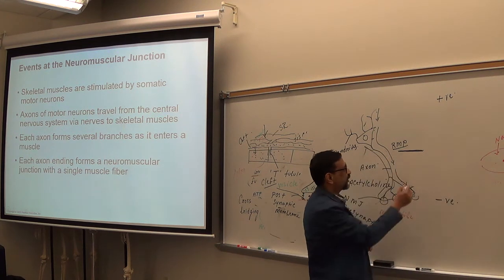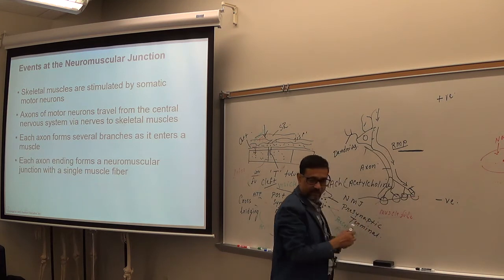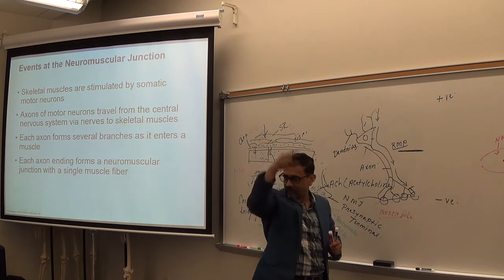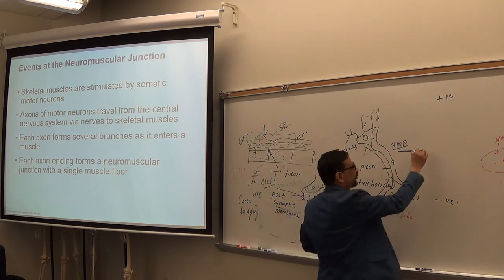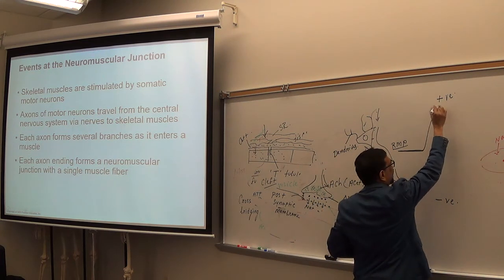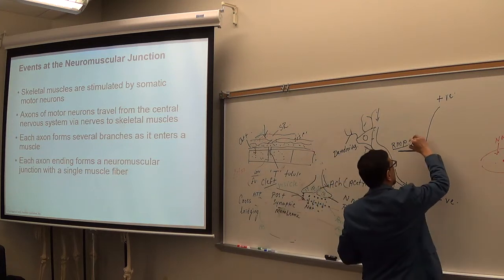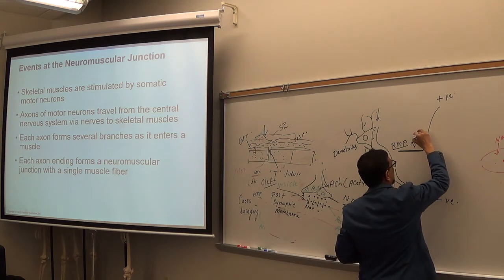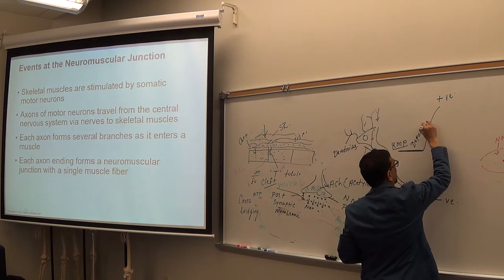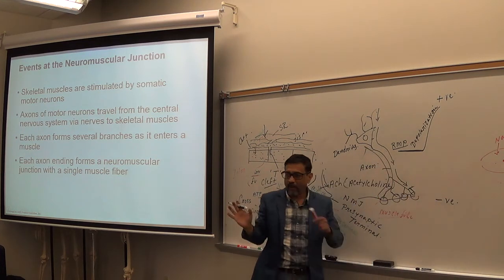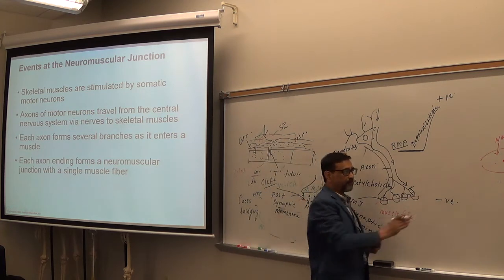More positive means this will move towards positive, because I am drawing this way positive, this way negative. Okay? Make sense? Due to influx of sodium, and that is called depolarization. Is it clear?